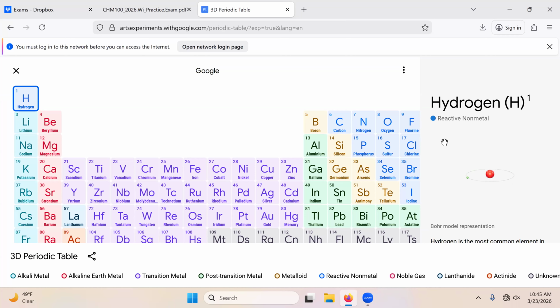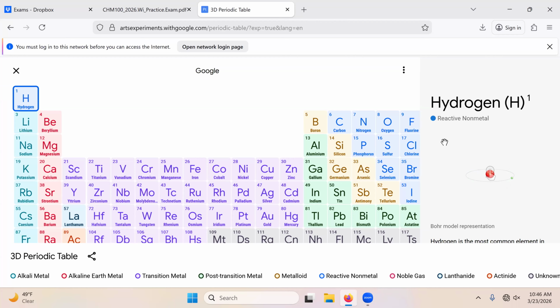Silver is our weird exception. It actually does have a full d orbital. If you look at the electron configuration for silver, it's krypton, and then 5s1 4d10.